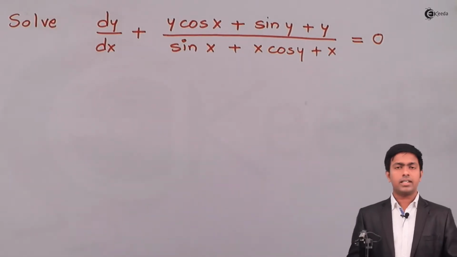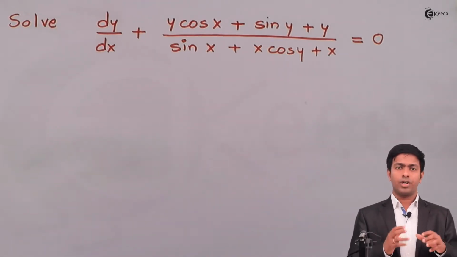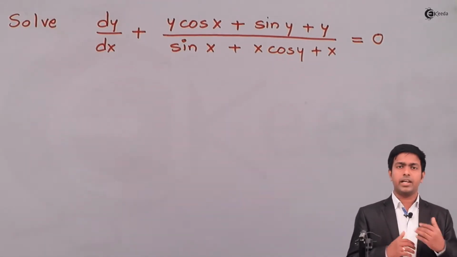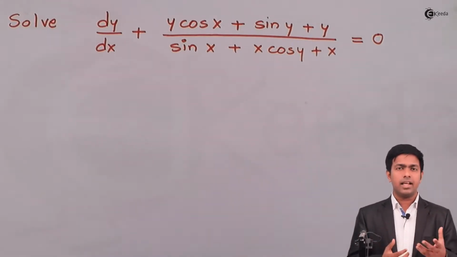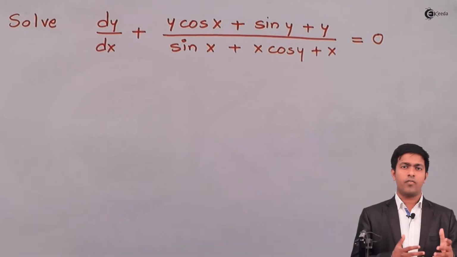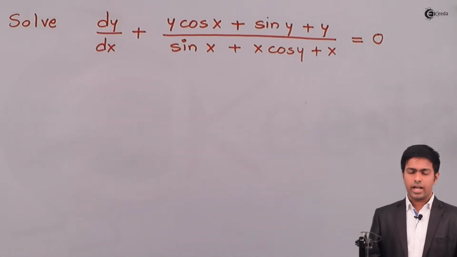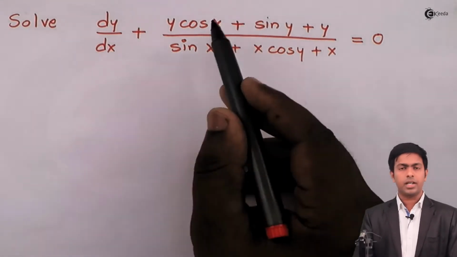To check whether it is exact or not, according to the rule, we have to bring it in the form M dx plus N dy equal to 0, and then we check the condition of an exact differential equation. So guys, for that I'm doing the cross multiplication.